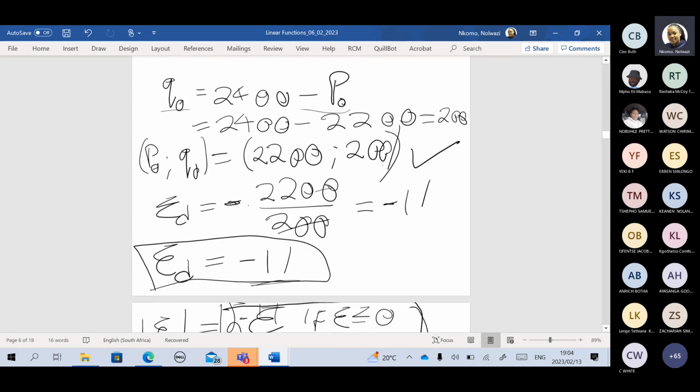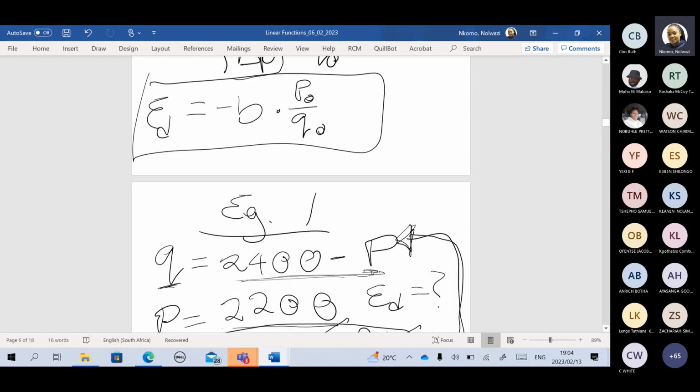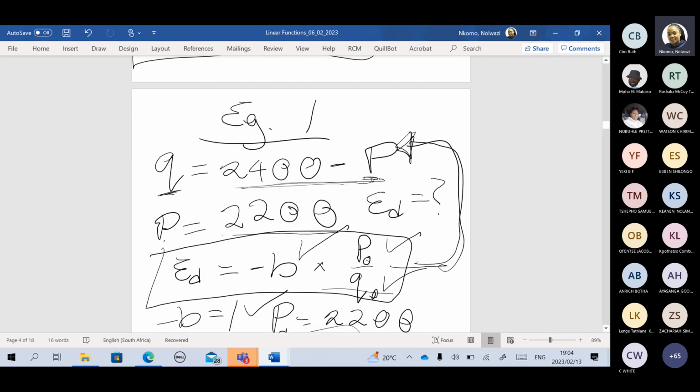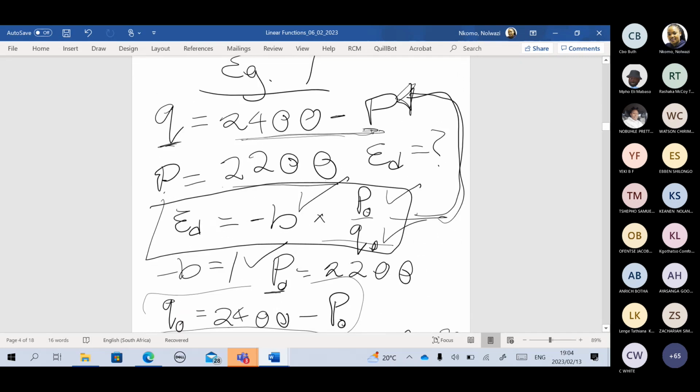Going back to the same function we were given, right? Which is Q is equal to 2,400 minus P. Suppose now we are given our price, which is P, as 1,000.